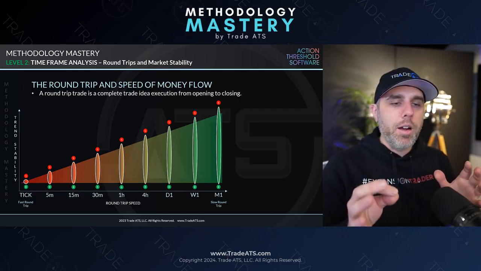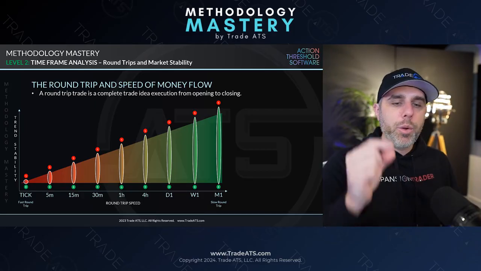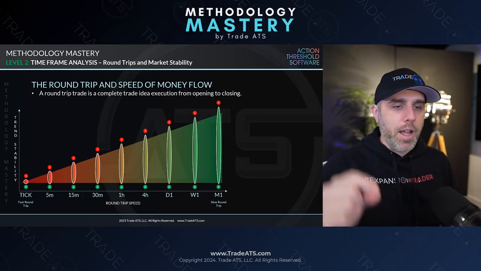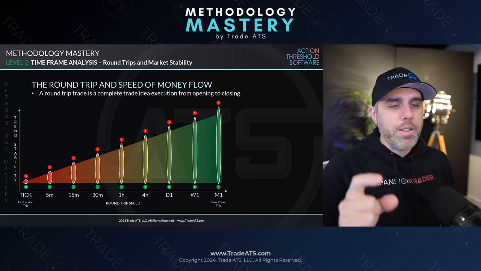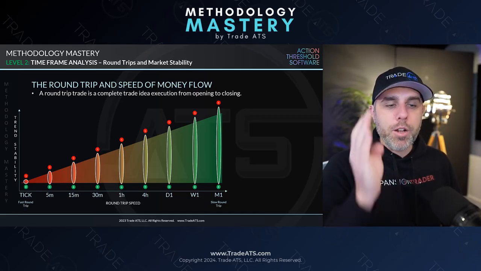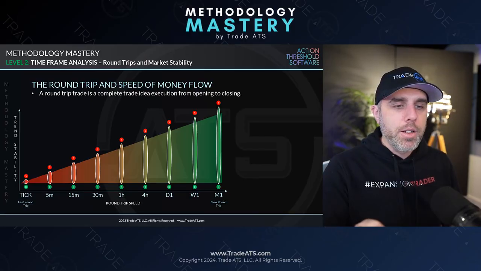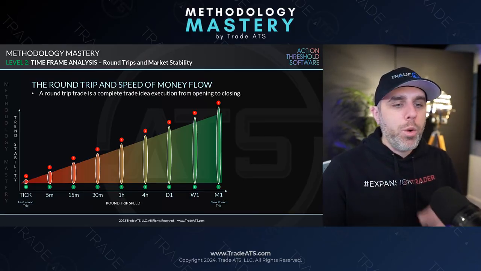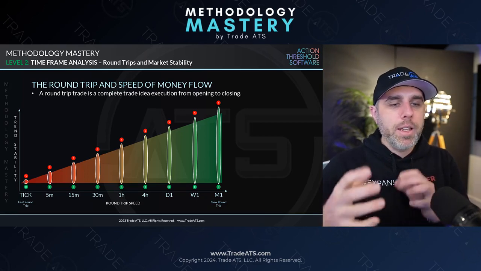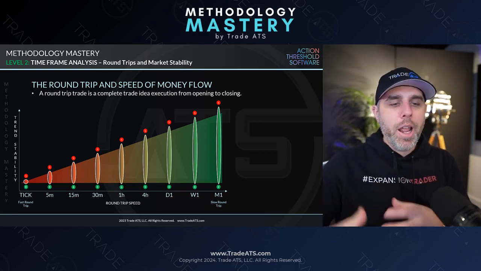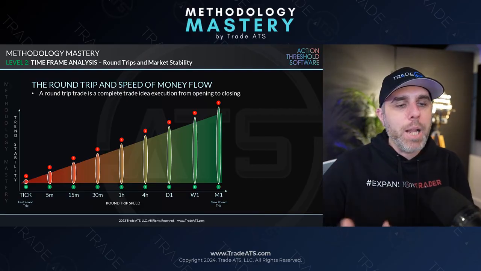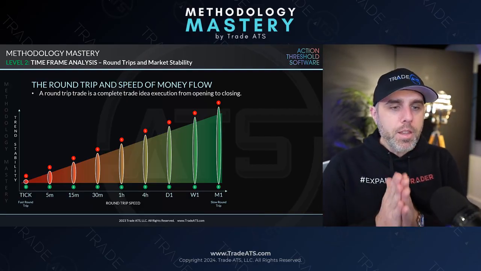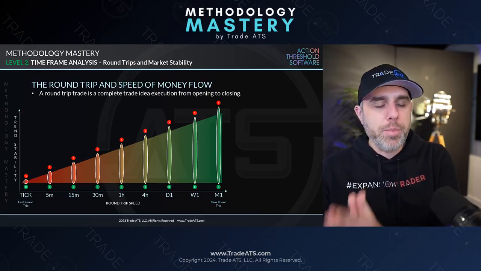If they're actively trading, they're going to be looking to make decisions to get in and get out 5 minutes at a time. It doesn't mean it has to always be in and out on 5 minutes, but we're talking about relative chart pattern for someone looking at a 5-minute chart. Their round trip speeds are all going to be condensed around the patterns and the beliefs that time frame creates in general. That will affect their round trip speed.